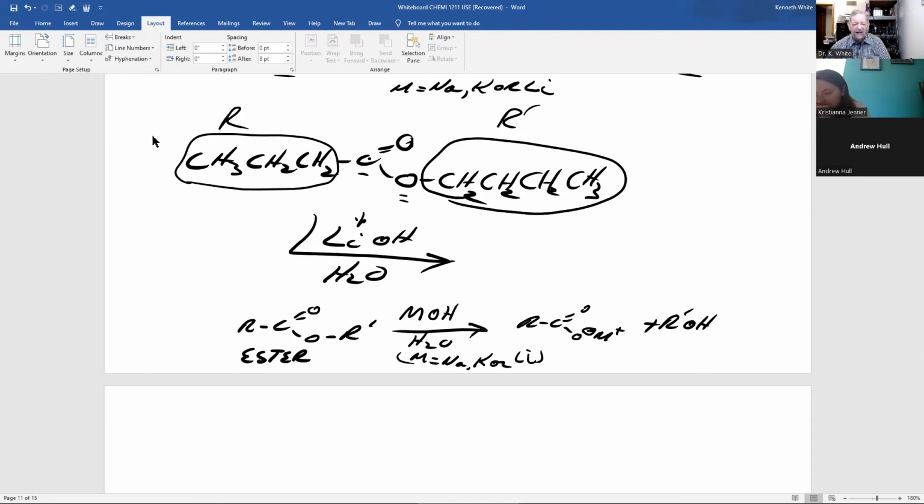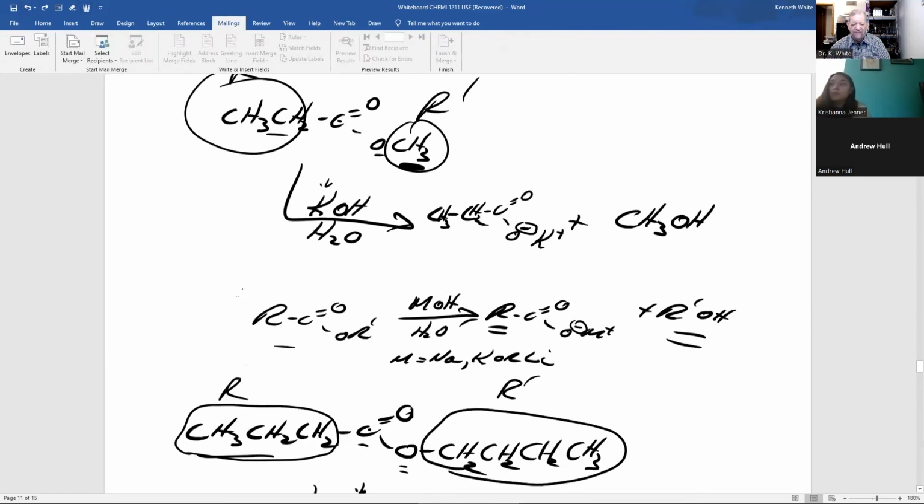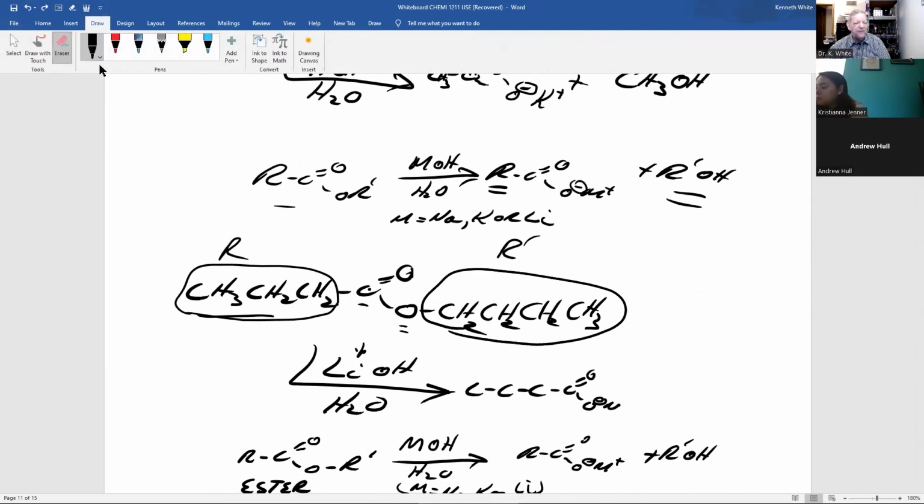So based on that, R is 3 carbons, my carbonyl, and don't forget, this is a carboxylate anion, and I was about to write sodium, and that would have been wrong.